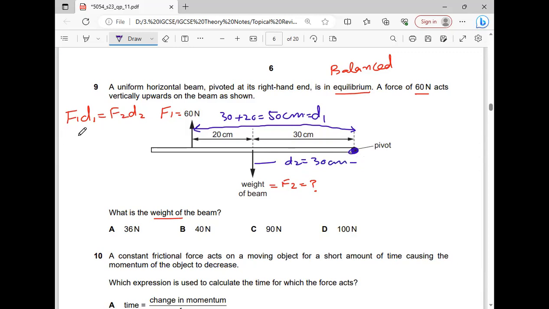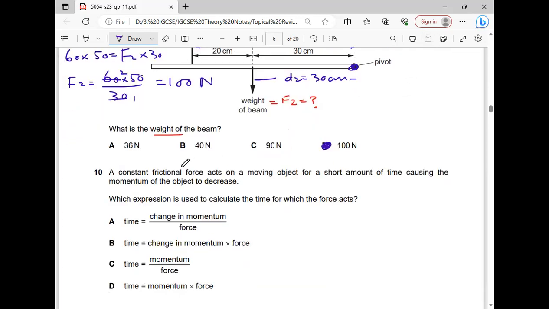Now substitute the values over here. F1 60, D1 50, F2 as it is, D2 30. So F2 is equals to 60 multiplied by 50 over 30. This one, 2 and 100. So which option is correct here? Option D is the correct answer.